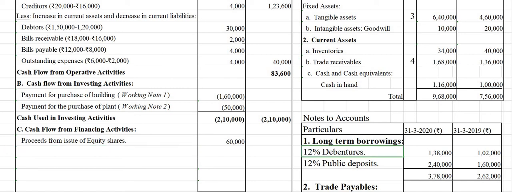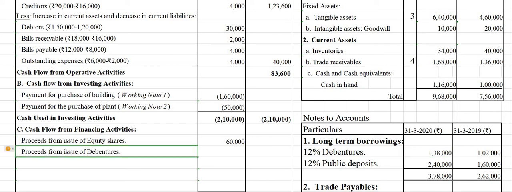Then after that debentures, you can see long term borrowings, debentures. Last year 1,02,000 was there. This year 1,38,000 was there. So 1,38,000 minus 1,02,000. So 36,000 is the increase. That means debentures also were issued.